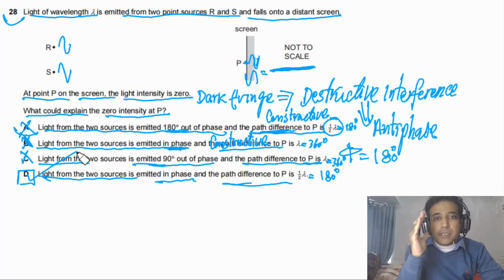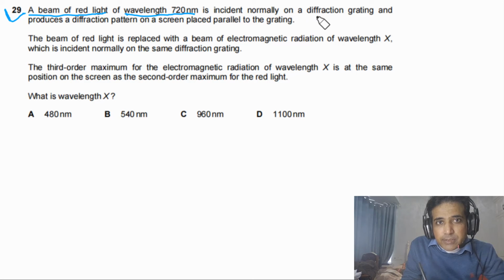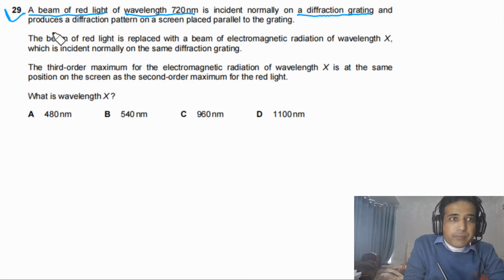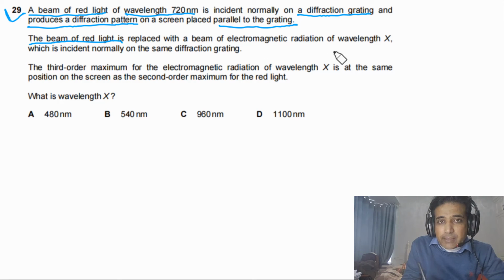Nice question, conceptual. Question 29 says a beam of red light of wavelength 720 nanometers is incident normally on a diffraction grating and produces a diffraction pattern on a screen placed parallel to the grating. The beam of red light is replaced with a beam of electromagnetic radiation of wavelength X, which is incident normally on the same diffraction grating.